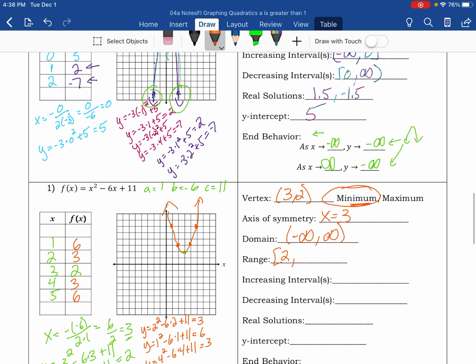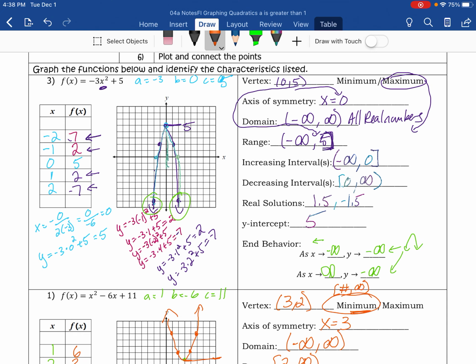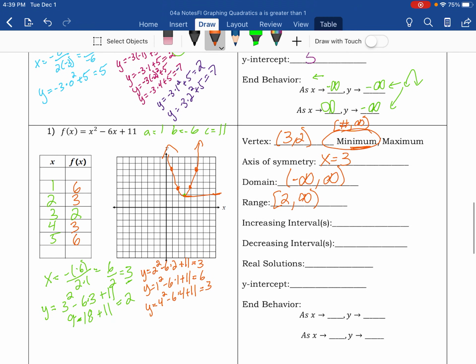Where do my y values start? They start at 2 and go to infinity. If it's a minimum, it's the lowest point, so it's going to be some number to infinity. If it's a maximum, it's going to be from negative infinity to some number.